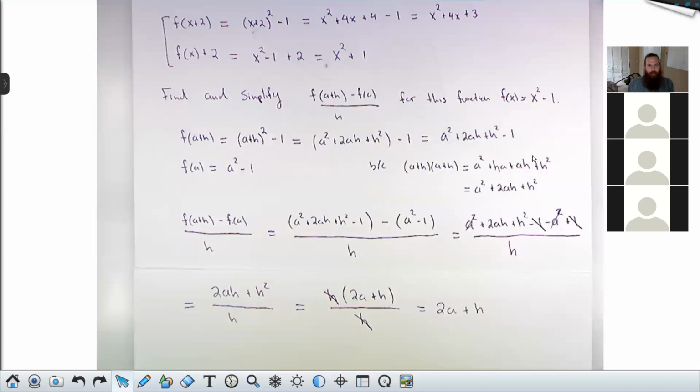Feel comfy with that? And do we see how we're plugging them in here? This piece is f of a plus h. This piece is f of a. So I want to subtract them. That's this. And then divide by h. Yeah, we'll do a few more examples. Last call for questions on this particular example.